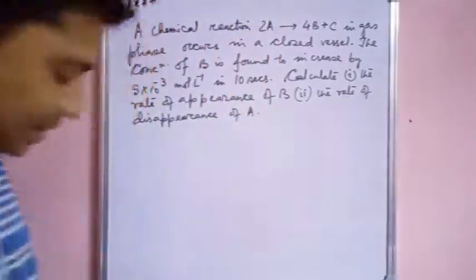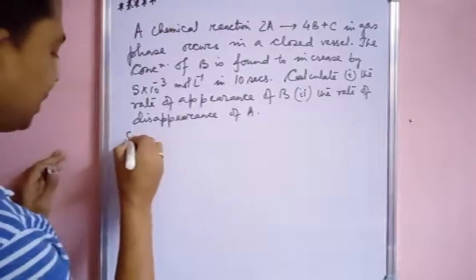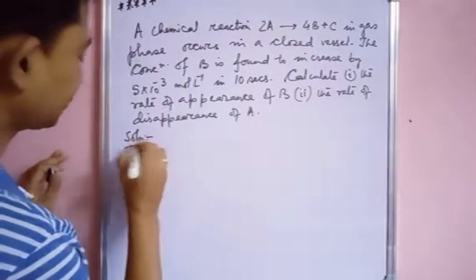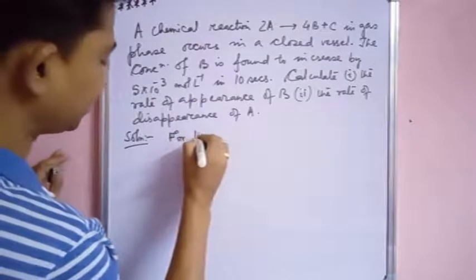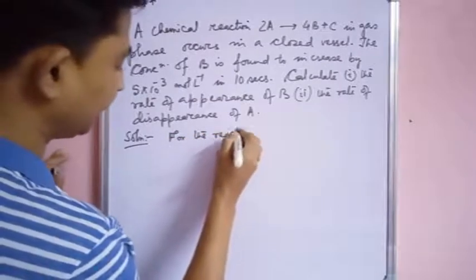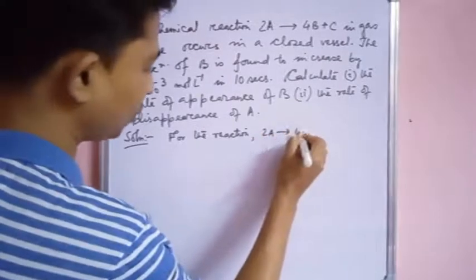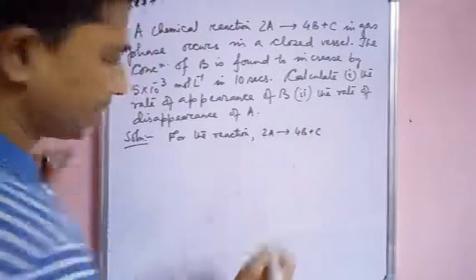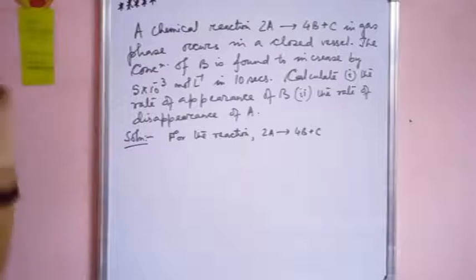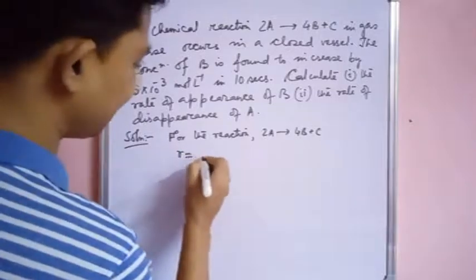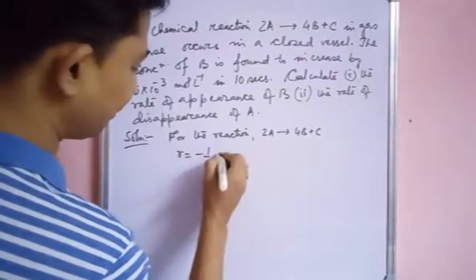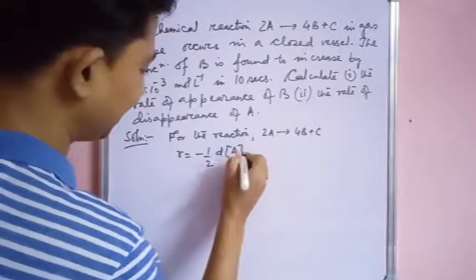So for this reaction 2A arrow 4B plus C, the solution is: what is the rate equation? We know that the rate equation is minus half dA by dt.